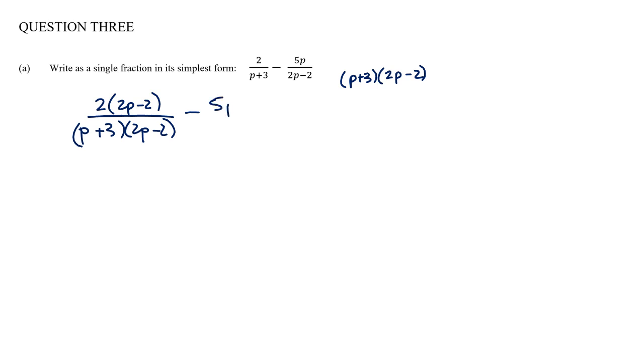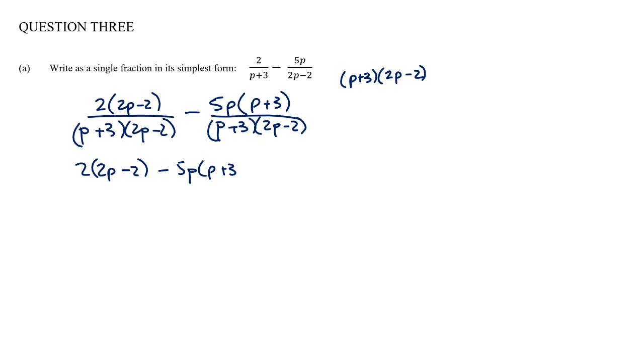This is the same, times by 1 in the form of p plus 3 over p plus 3. Okay. Now the denominators are the same, what can we do? Make it one big fraction, so it's going to be that, sorry.